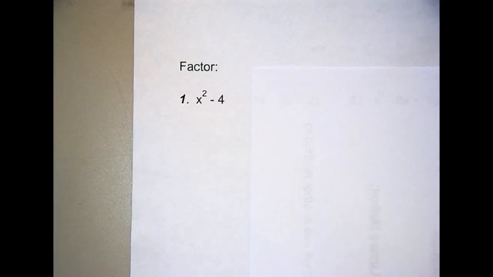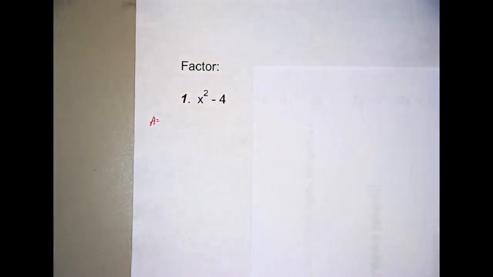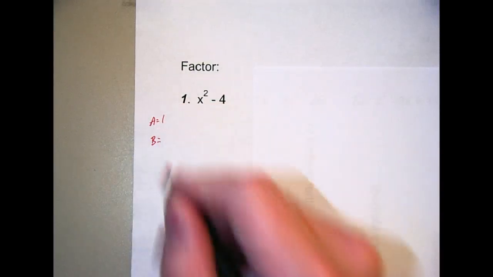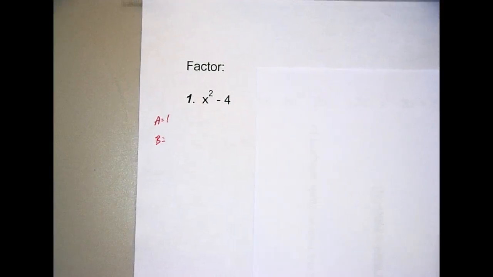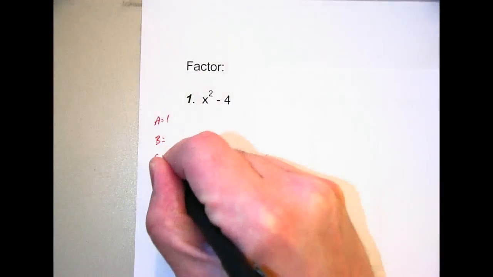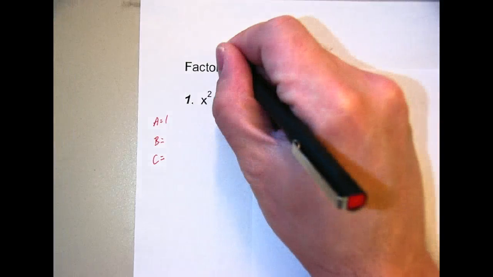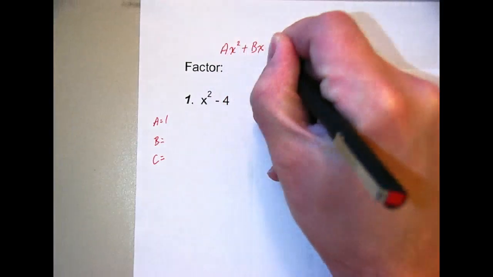All right, what is A? Lily, what'd you get for A? 1. Mackenzie, B? How about C, Mackenzie? You don't know? Remember the form ax squared plus bx plus c.